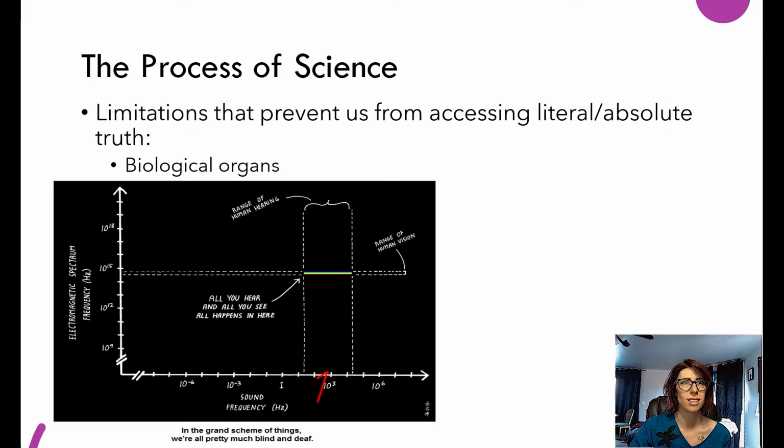The whole graph actually indicates that there's more below this, but it represents something of the whole spectrum of light and sound. And this tiny sliver of a rectangle represents everything we are capable of perceiving. So this really limits our access to literal truth.